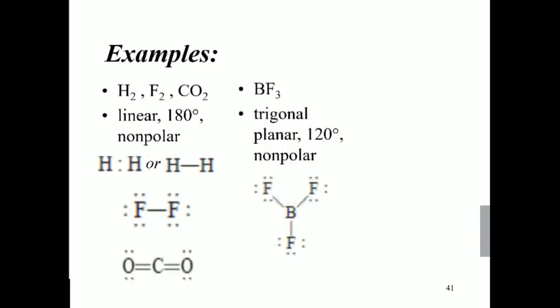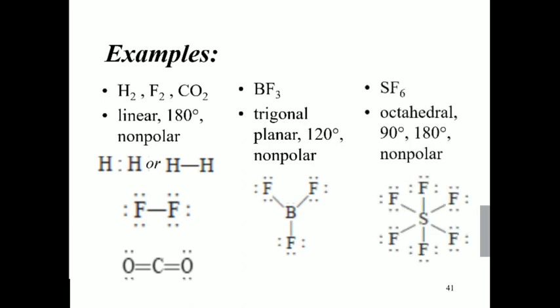Another example is boron trifluoride. Notice the shape of the molecule. We have trigonal planar, so each angle is 120. It is also nonpolar because of symmetry, or equal distribution, or cancelling out of dipole moment.